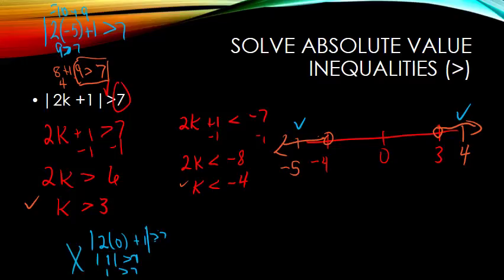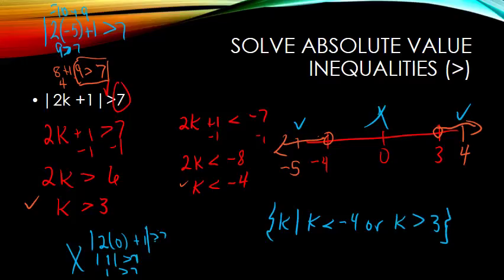And that is not true. And so that fails. And so then we would write in interval notation, we would say k such that k is less than negative 4, or k is greater than 3. Close our bracket, and shazam, that one's done.